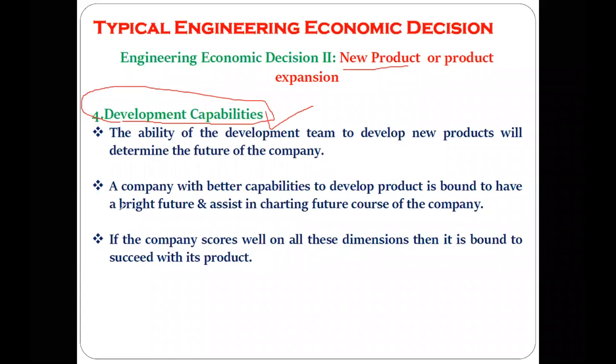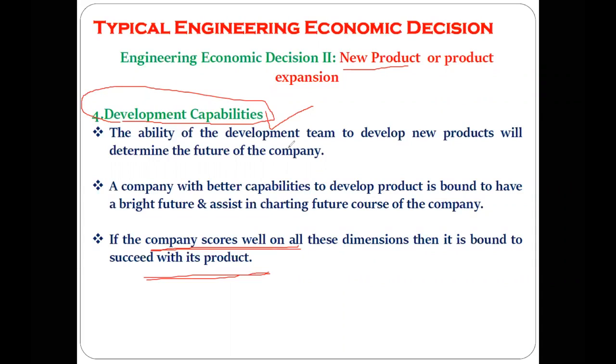Okay, so if the company does well in all the four dimensions that we have discussed, then nobody can stop that company from getting the maximum amount of profit. All of you agree?